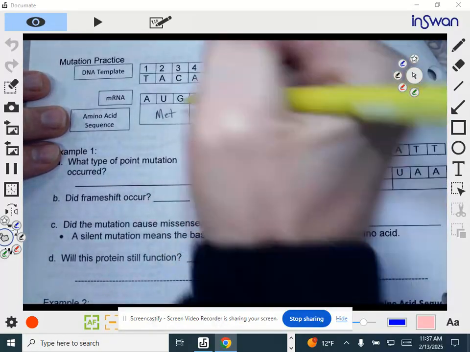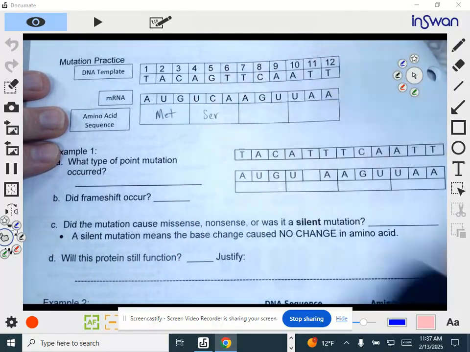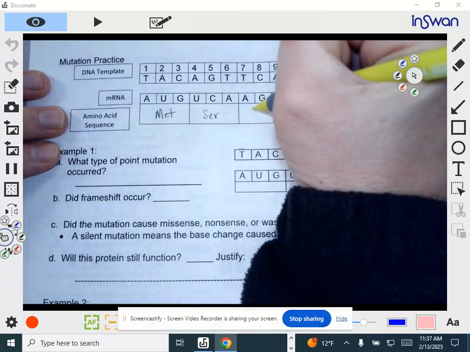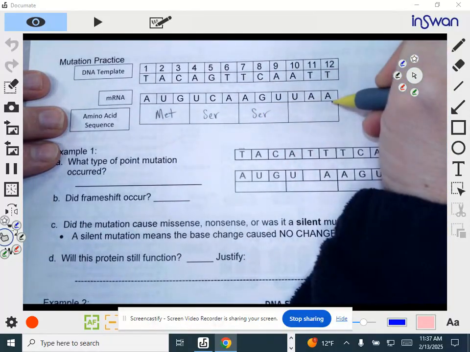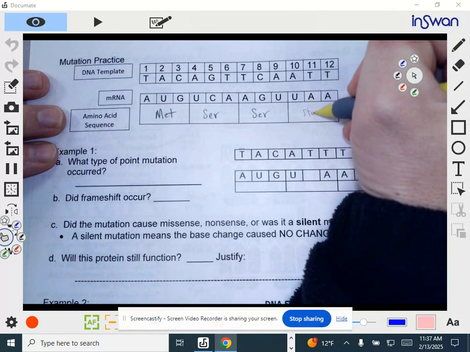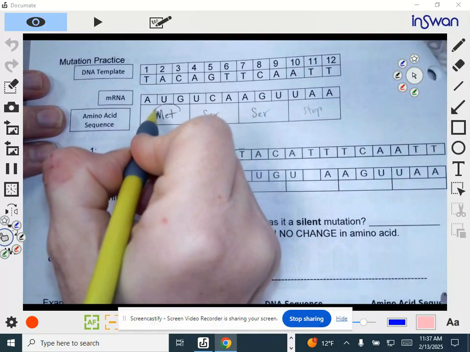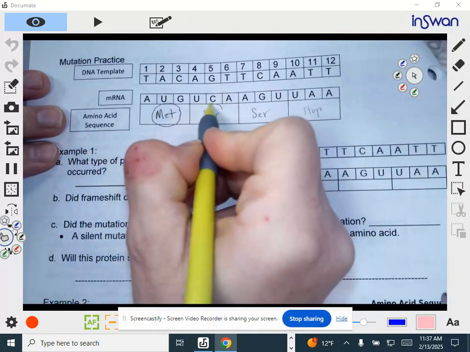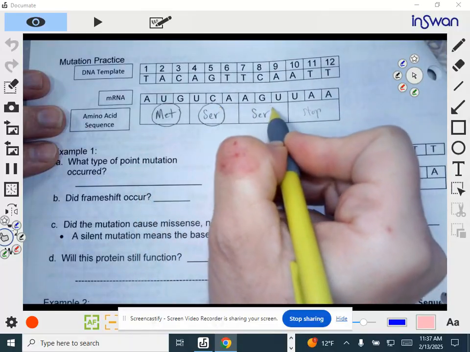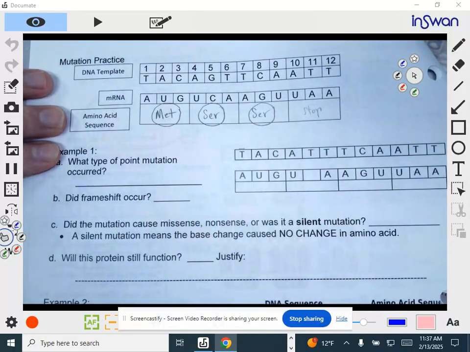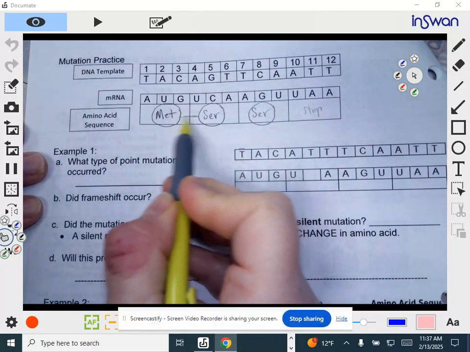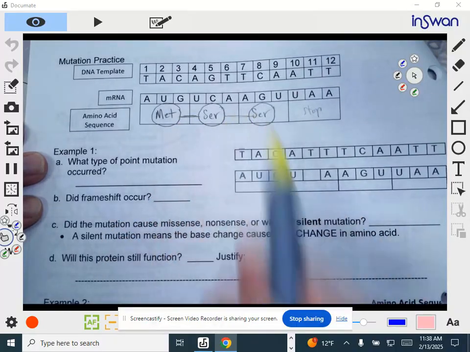If you look up UCA, that codes for serine. And AGU codes for serine. And then UAA is a stop. So really, our little make-believe protein here is 3 amino acids long. So this is what should be built to get a protein that will do a certain job for the cell.